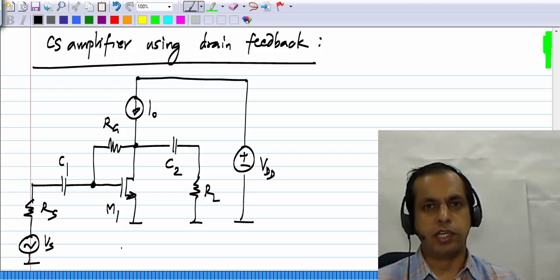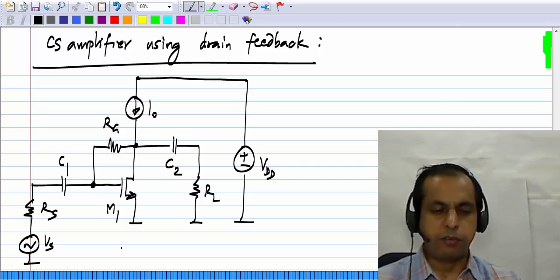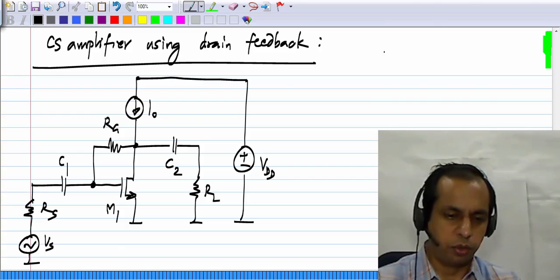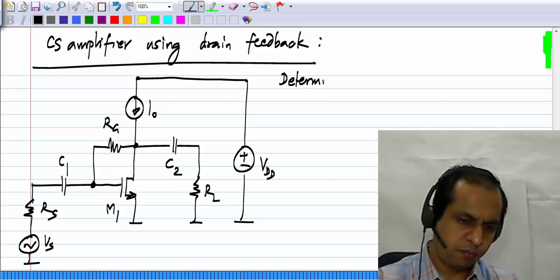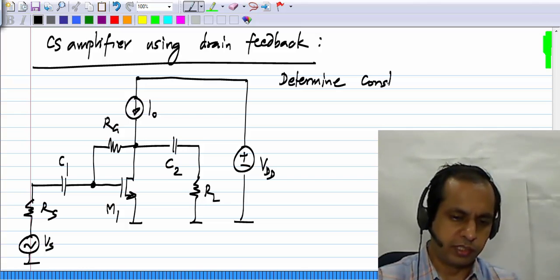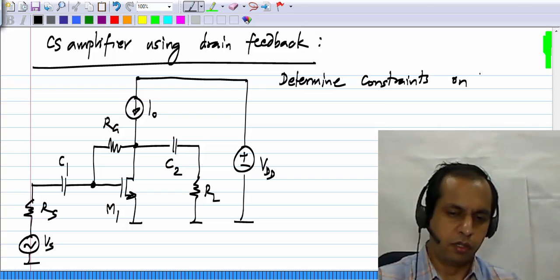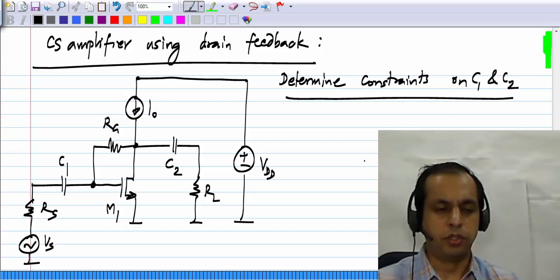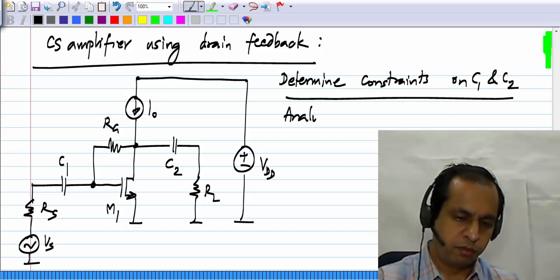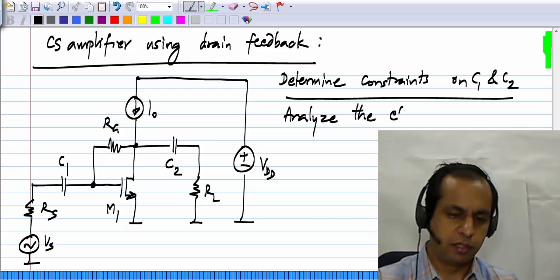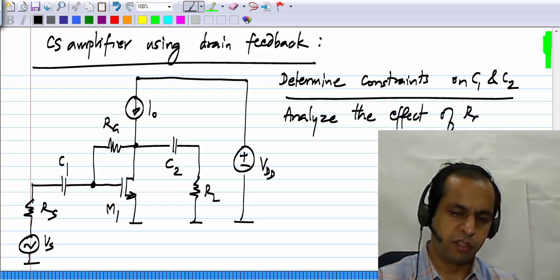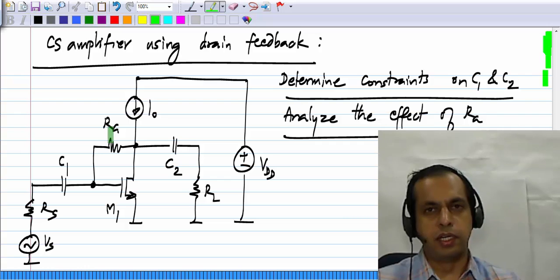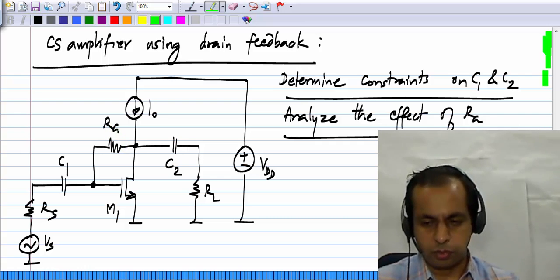Like I said, hopefully you understand all the logical steps leading to this. Now we have to, of course, go and analyze this, use our circuit analysis skills and analyze the effect of everything. So we need to determine the constraints on C1 and C2 just like before. Also we have to analyze the effect of RG, because RG is not a component that is in the basic common source amplifier.